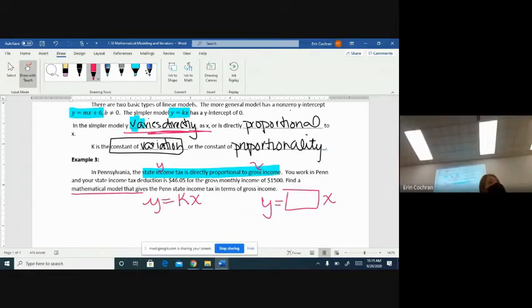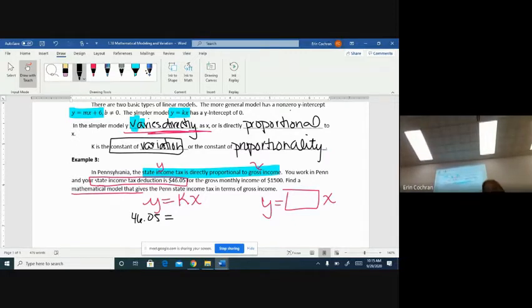We have to find the k. Did they give us some kind of information within the story problem? Yeah, they gave us that our state income tax is $46.05. What does that represent, my y or my x? My y. So I plug that 46.05 in for my y.